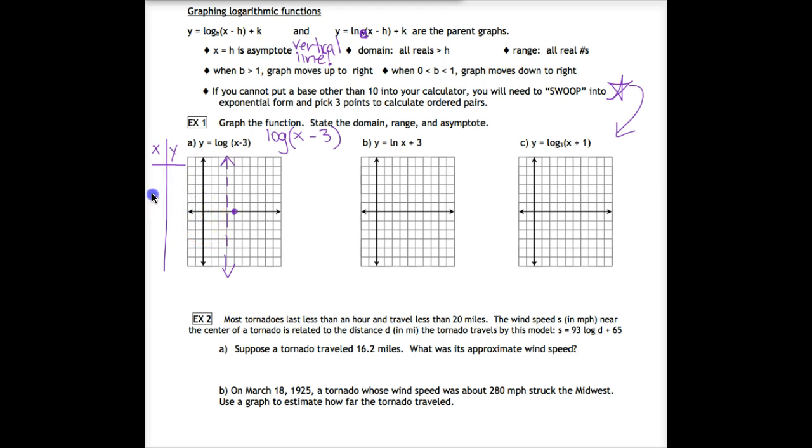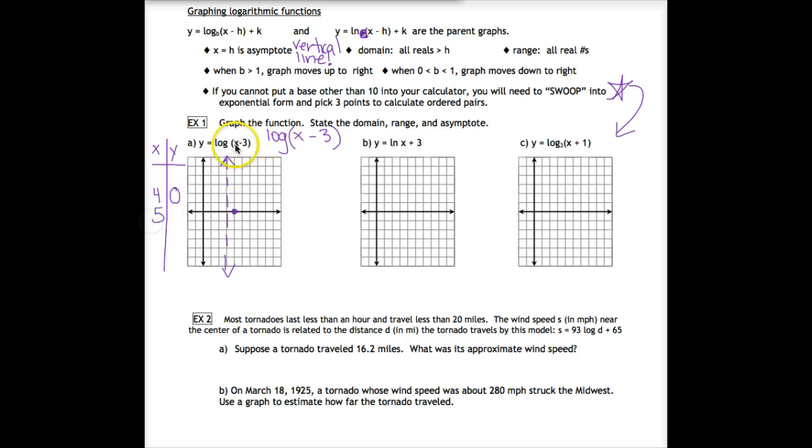So let's say you start with 4. If I plug in 4, 4 minus 3 is 1. So you can either look at your table or actually press it into your calculator, log of 1. But if you're looking at the tables in the second graph screen, you should see that the y value is 0, which is exactly what we said. We shifted it from 1, 0, 3 to the right, and that is our point.